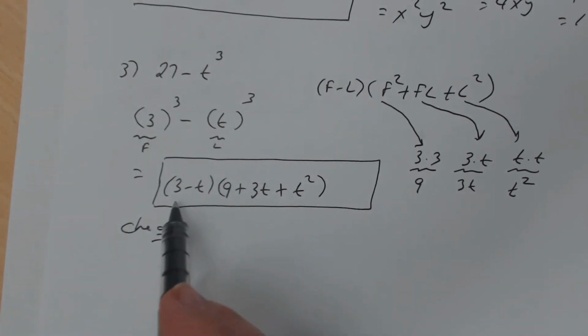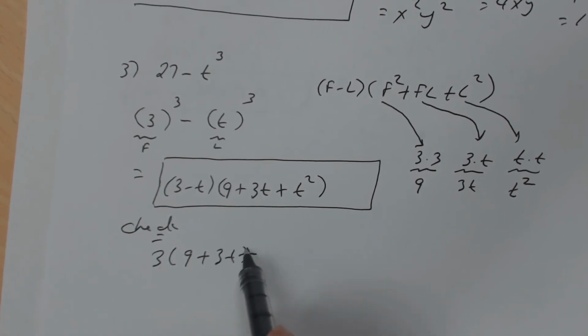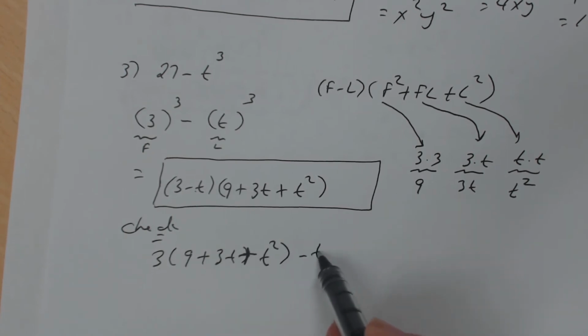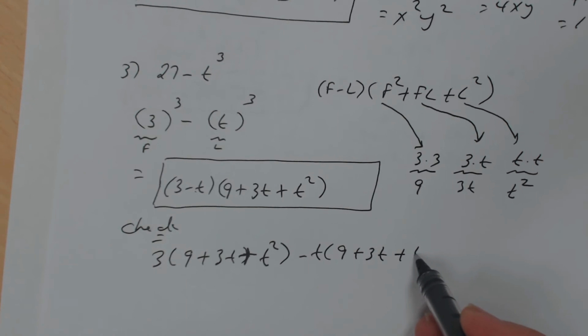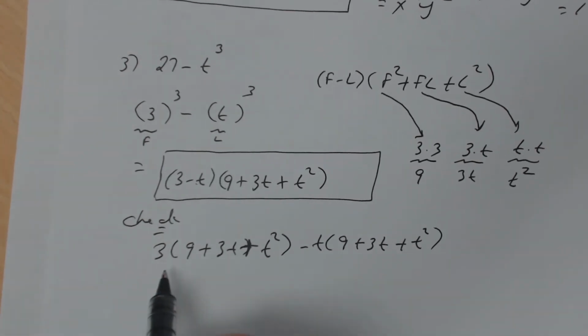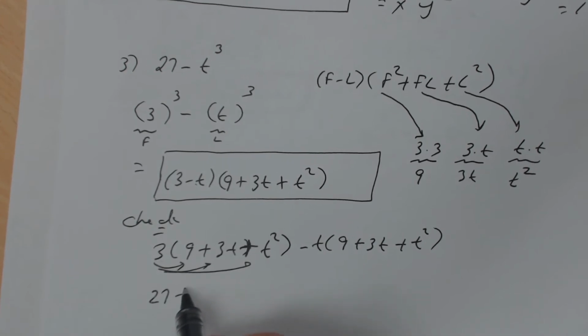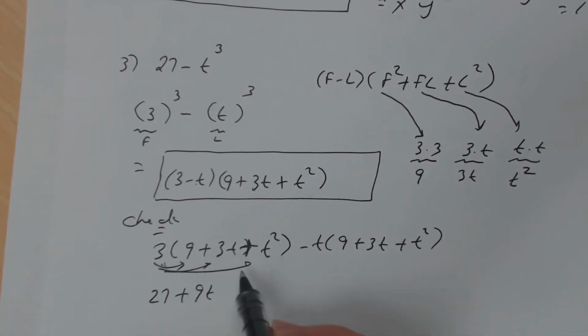But let's check. So you're going to say 3 times this, 9 plus 3t plus t squared, minus t times this trinomial, 9 plus 3t plus t squared. And so if I distribute, I get 27 plus 9t. 3 times 3t is 9t. 3 times t squared is 3t squared.